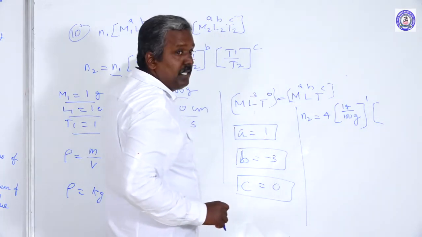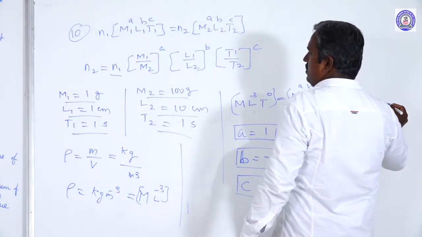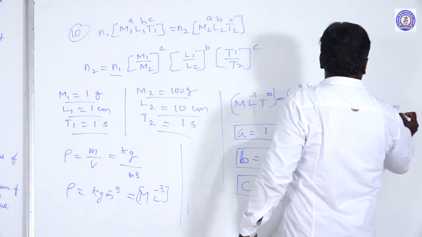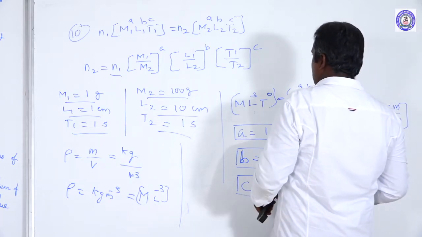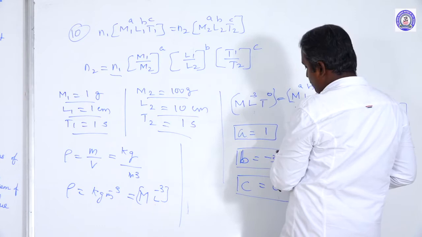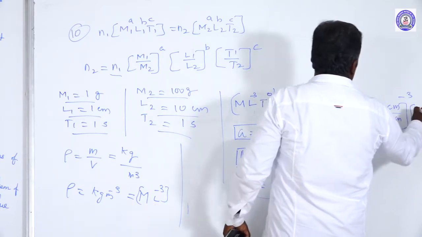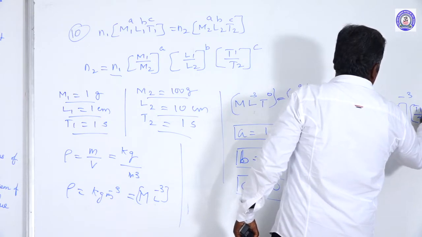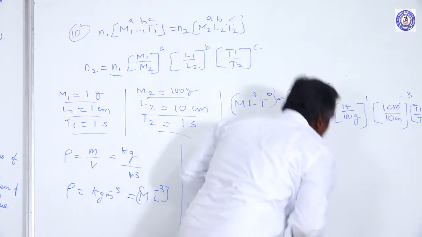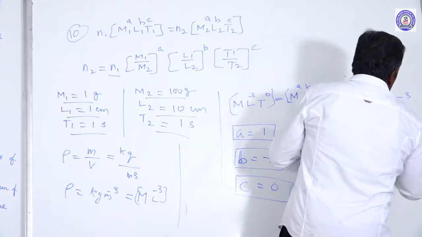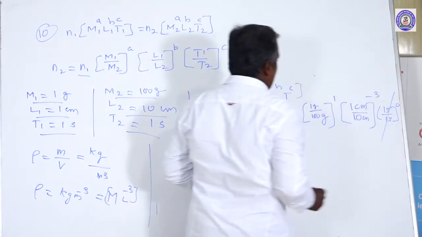And L1 is 1 centimeter, L2 is 10 centimeter, power b, b value minus 3. And T1 by T2, that means 1 second and 1 second, power 0, cancel, no problem.